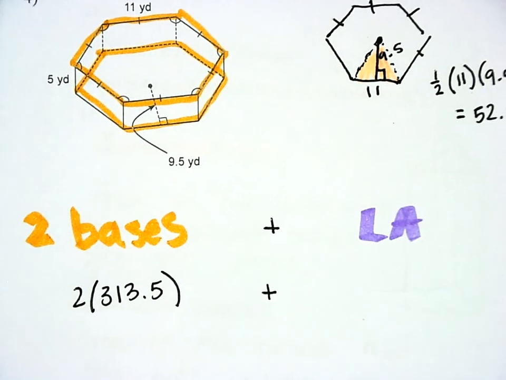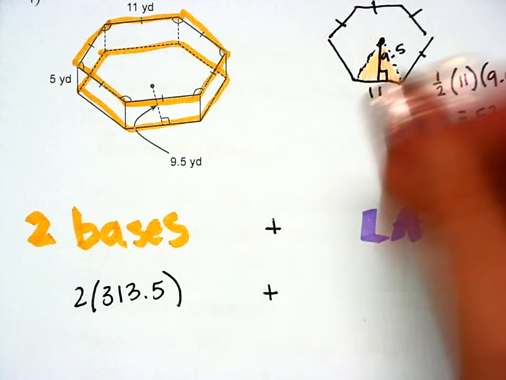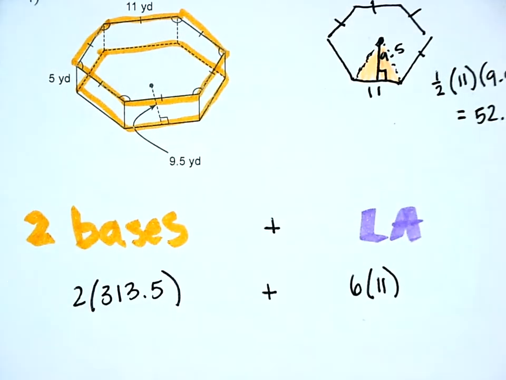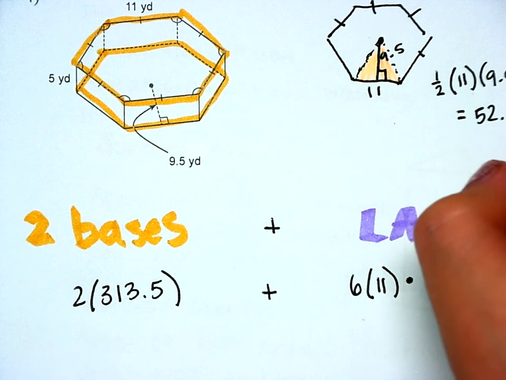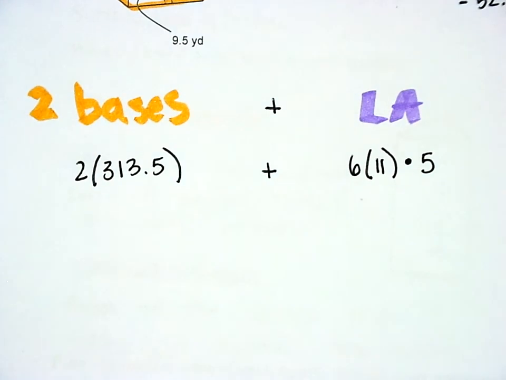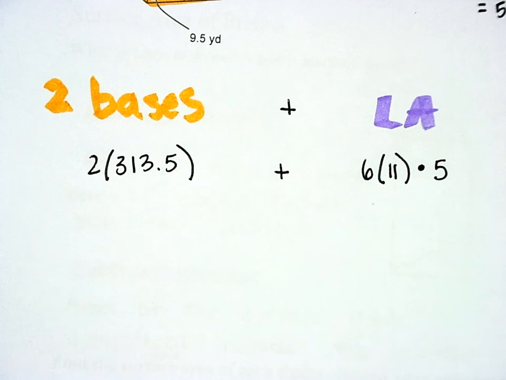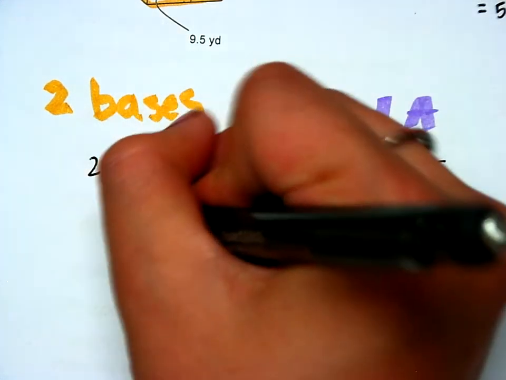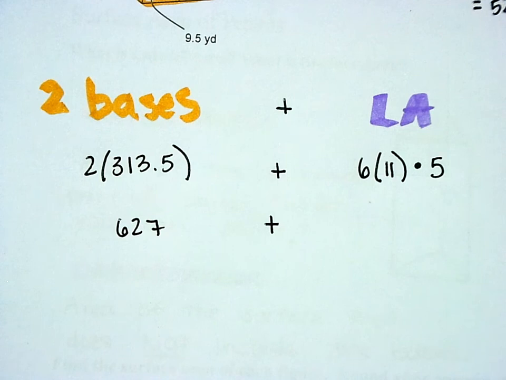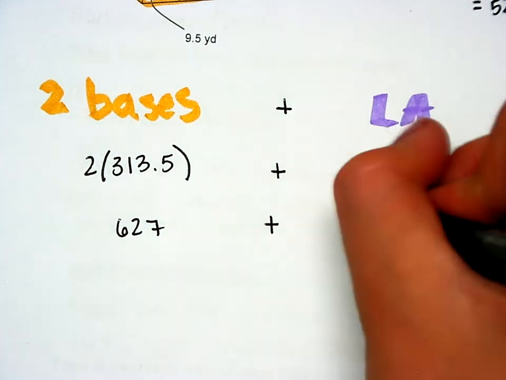So the perimeter is, well, there's 6 sides and each one is 11, and then times the height, which is 5 right here. Okay, let's find these two values. So let's find this one first. It's going to be 627 plus, and then over here we have 330.